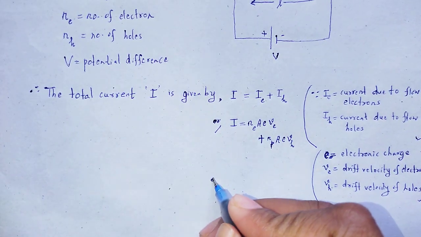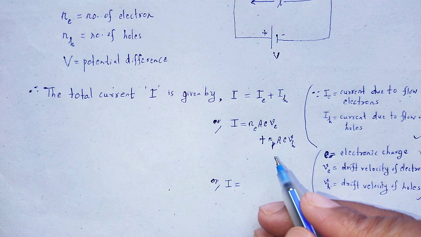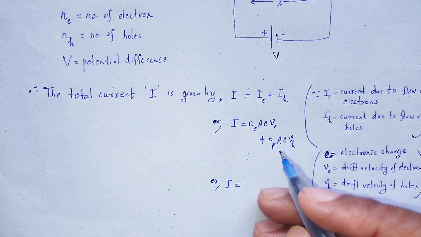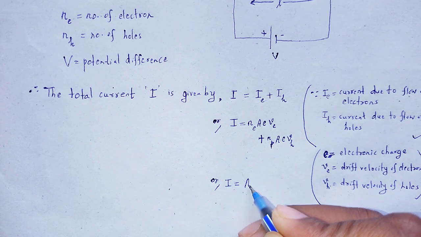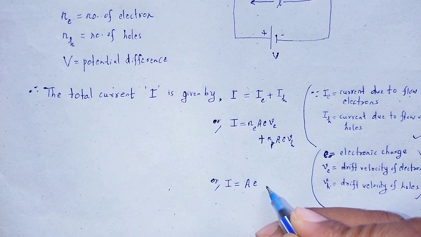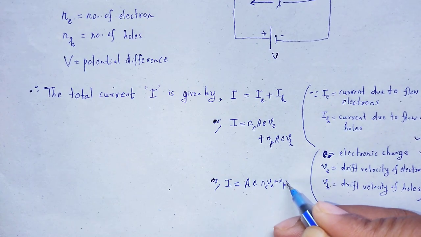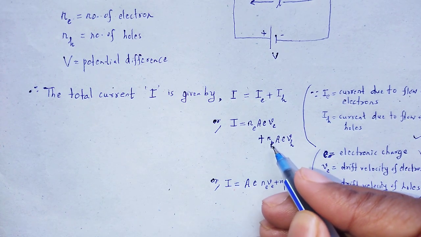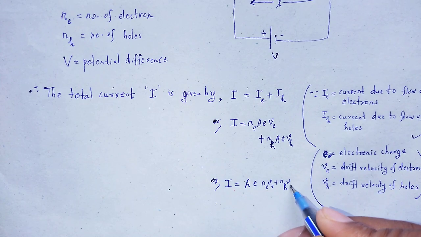Or current I is equal to, we take e A as common, inside the bracket n E v E plus n H v H, n H being the number of holes.